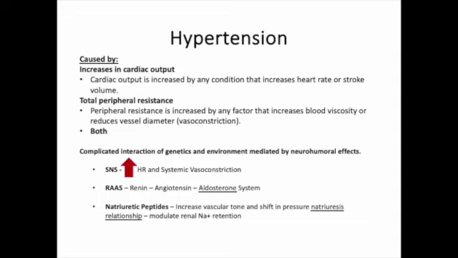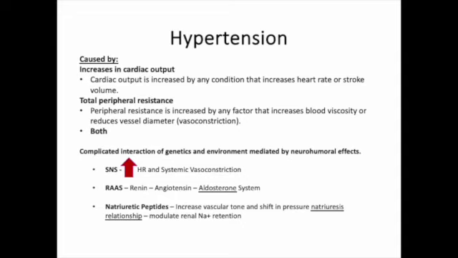There are some complicated interactions as well of genetics and environment that are mediated by our neurohumoral effects. And first, we're going to start talking about the SNS, our sympathetic nervous system. Primary hypertension is a result of a complicated interaction between these two things, which will increase vascular tone.